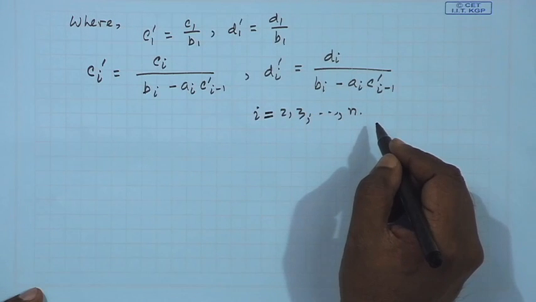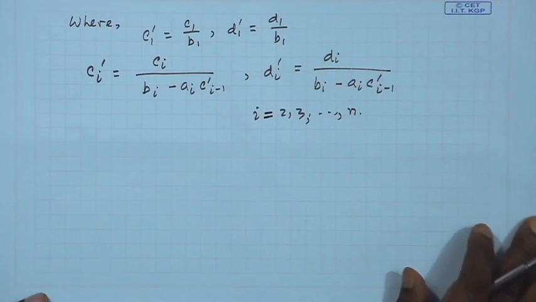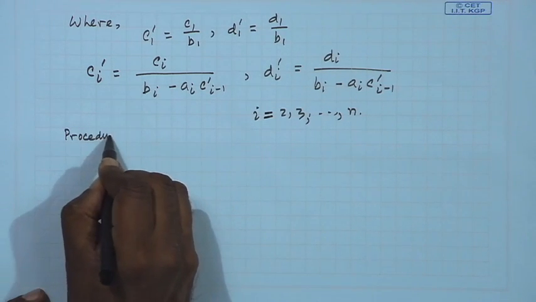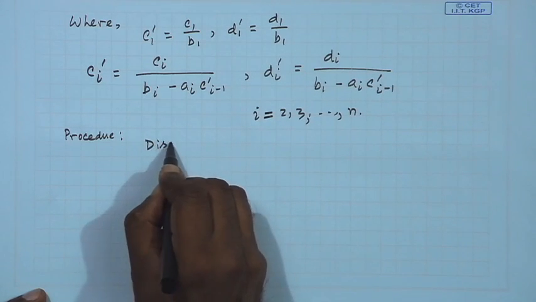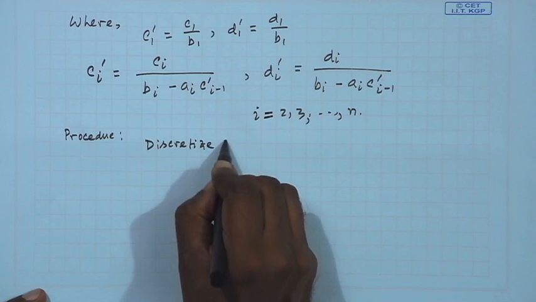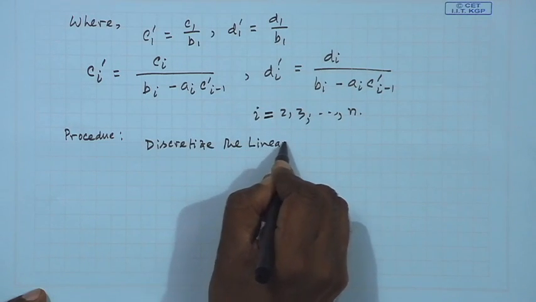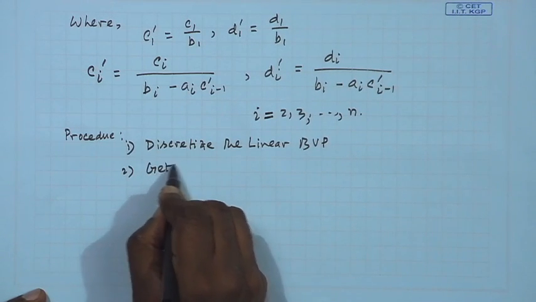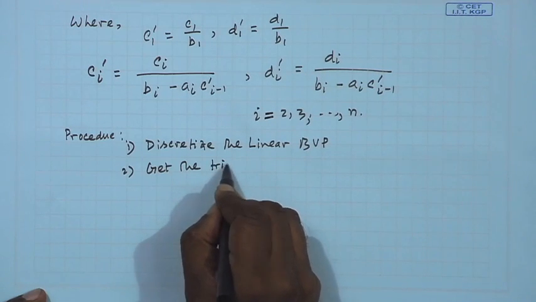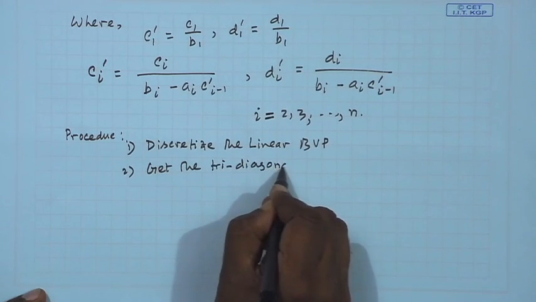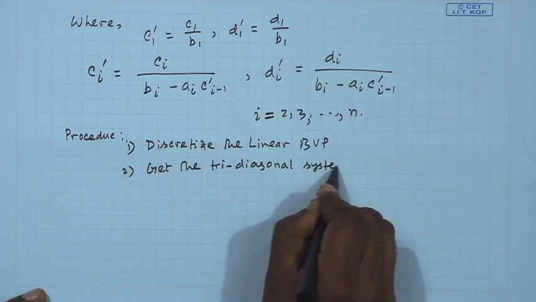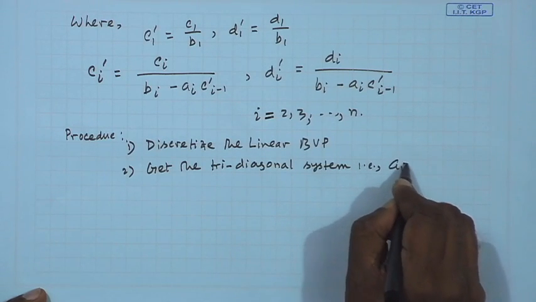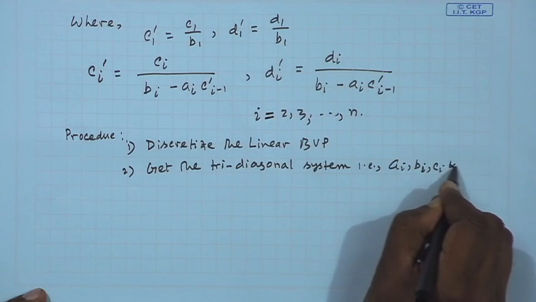So the procedure is: discretize the linear BVP, get the tridiagonal system, that is, the Ai, Bi, Ci and Di's.